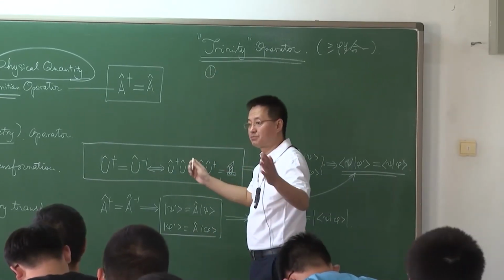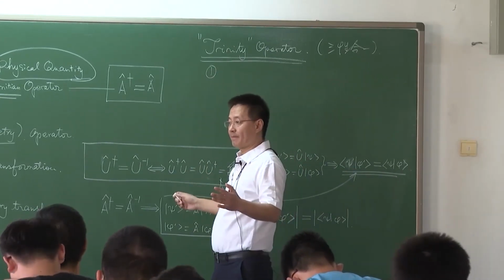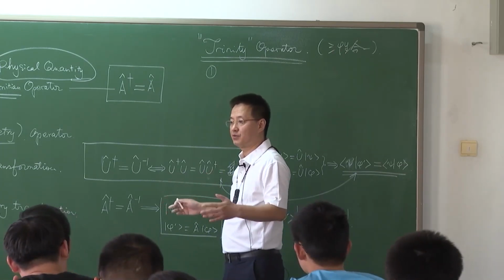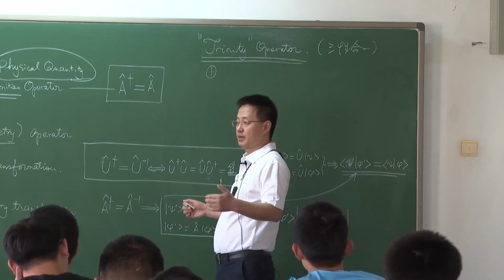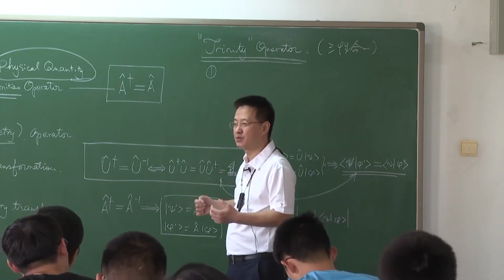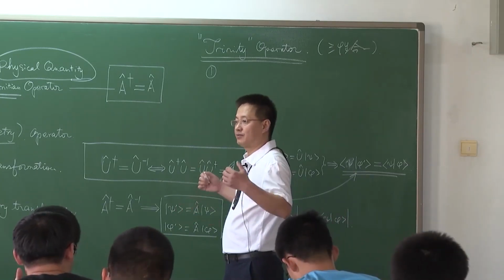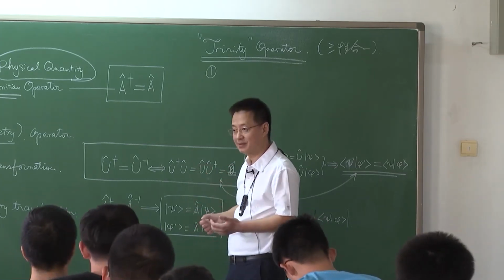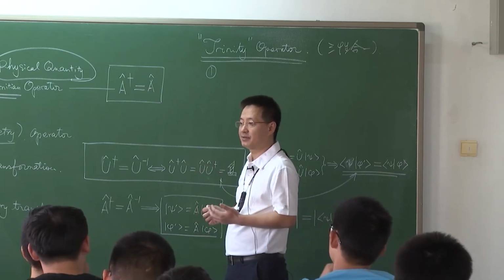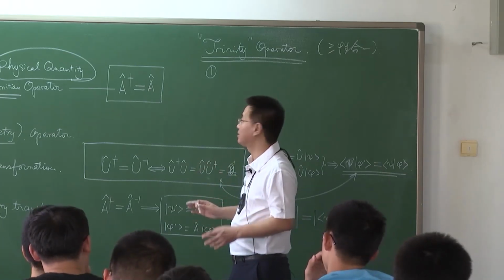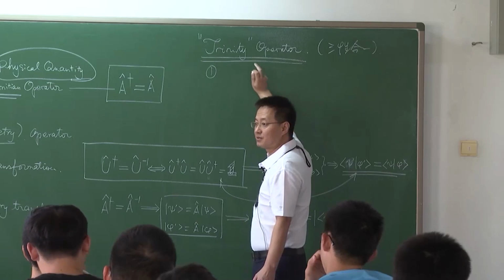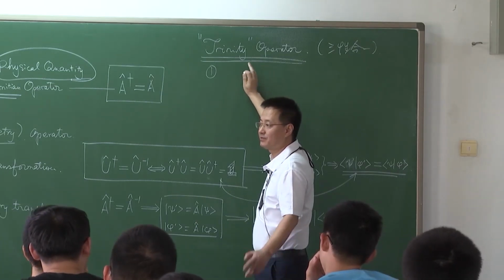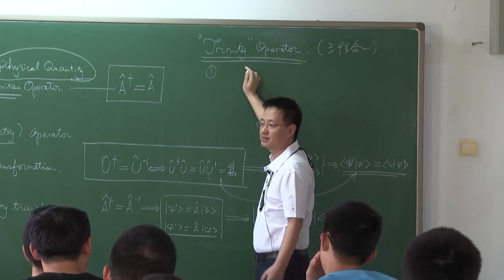You have three properties satisfied simultaneously for operators. If you have some operators which have the property of unitarity and also Hermiticity and also involutority, all three properties together, that operator is called the Trinity operator. So this is my invention. I have never seen any item like this.